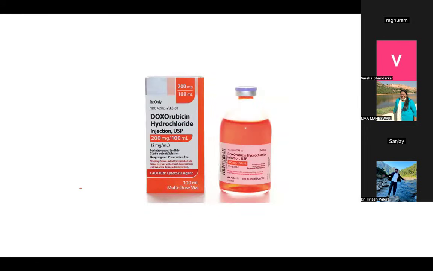Okay. Now, coming to a very important drug, this is doxorubicin. Okay. So doxorubicin is a topoisomerase 2 inhibitor, right? So what it does, as a topoisomerase 2 inhibitor, is basically break up the DNA knots, right?